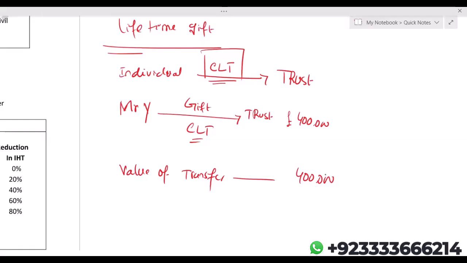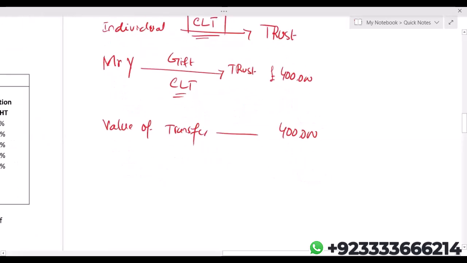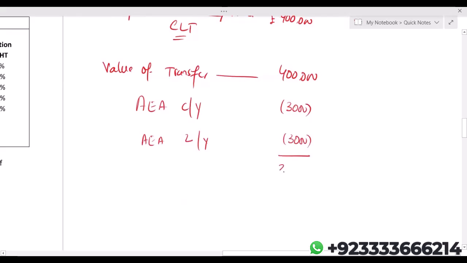So that is why I'm saying, if the current year annual exemption is not utilized, let's say it is the first gift which was given in the current year, then you will deduct annual exempt amount, current year 3,000. If previous year annual exempt amount is available, take that as well, last year. We'll get 394. This 394 is a chargeable amount.